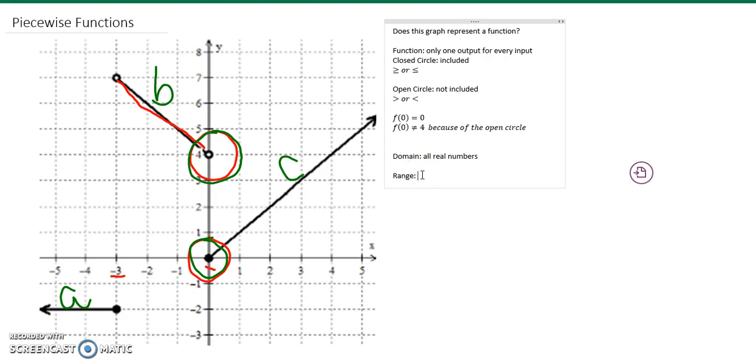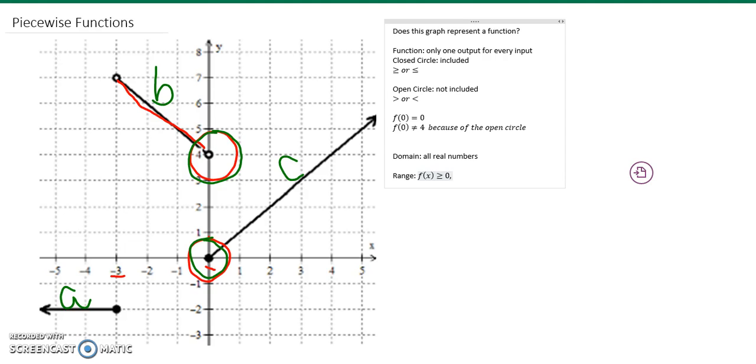Now let's take a look at our range. Our range is the set of all possible output values. For segments B and C, our graph is defined for all values of f of x greater than or equal to 0.